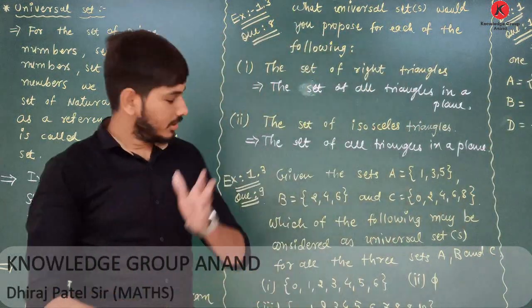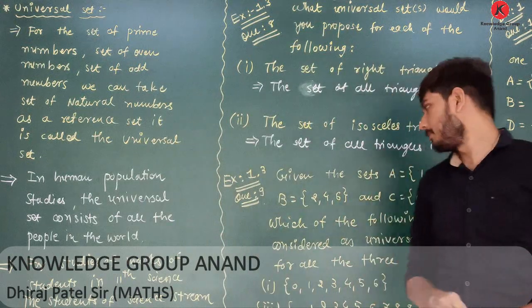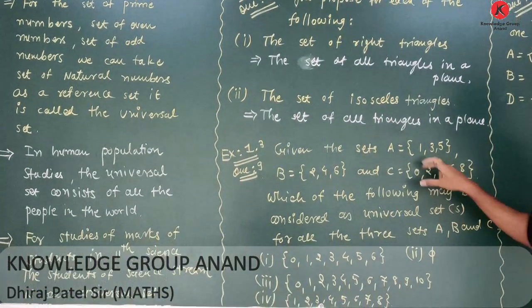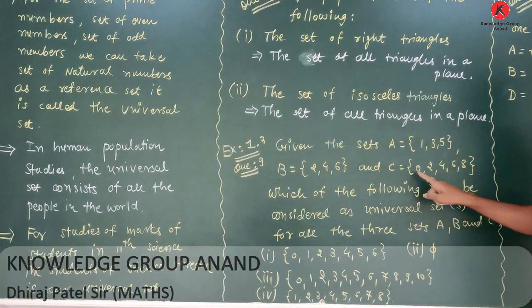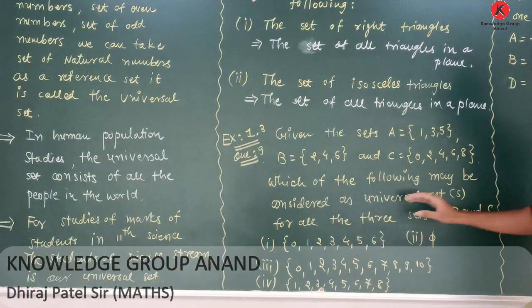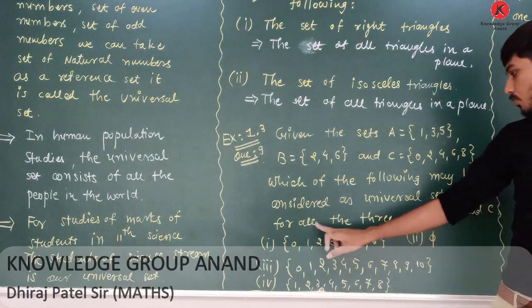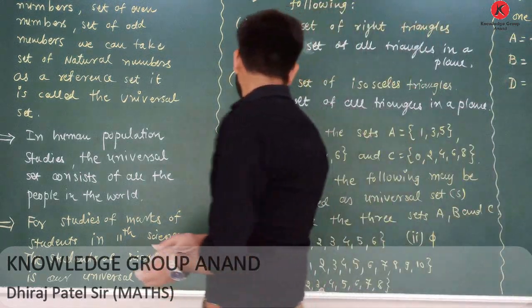The next one, exercise 1.3, question number 9. Given the sets A equals 1, 3, 5, B equals 2, 4, 6, and C equals 0, 2, 4, 6, and 8. Which of the following may be considered as a universal set for all three sets A, B, and C?